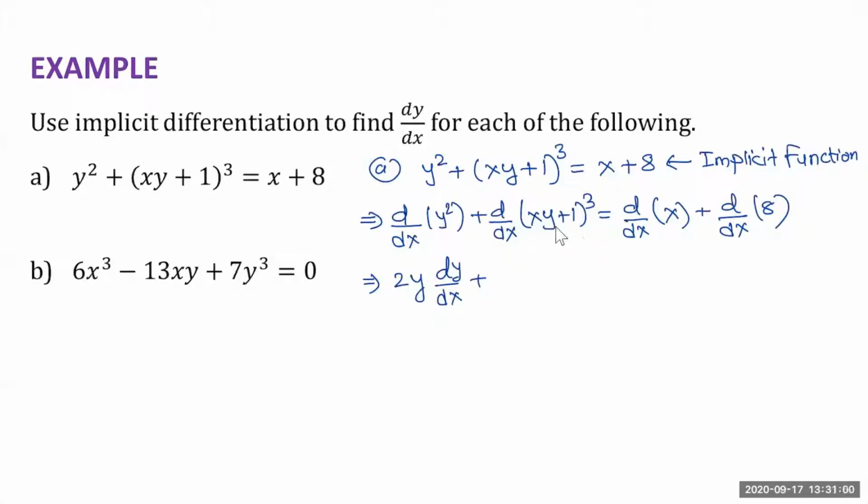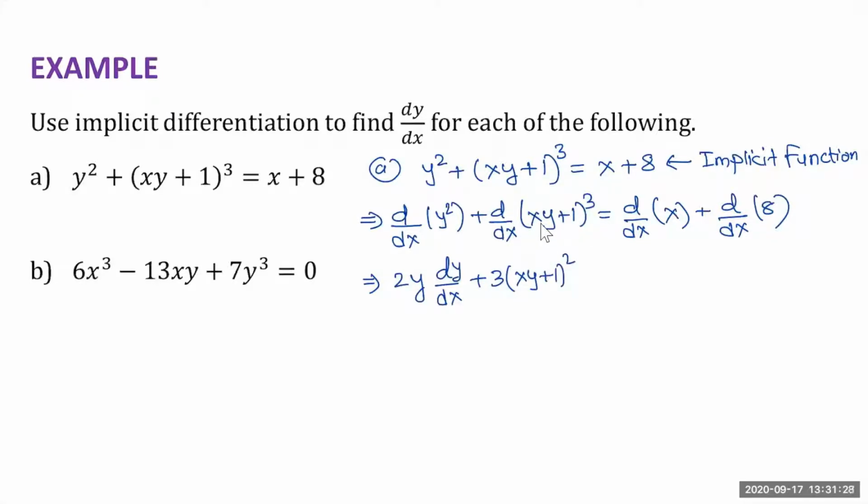Plus, now in this one, derivative with respect to x of, there is an inside function and there is an outside function. Your outside function is a cubic function, and the inside function is xy plus 1. So here we have to use the chain rule because you have an inside function and an outside function. So this 3 will come in front when you use the power rule, and you reduce the power by 1. That's the derivative of the outside function.